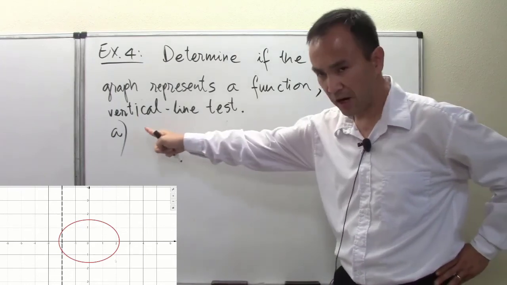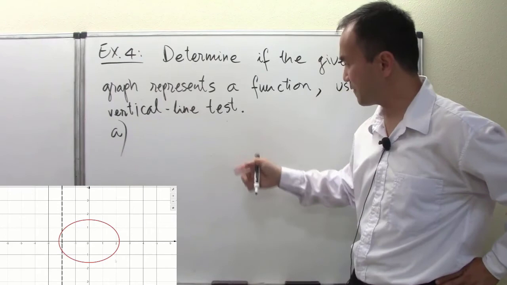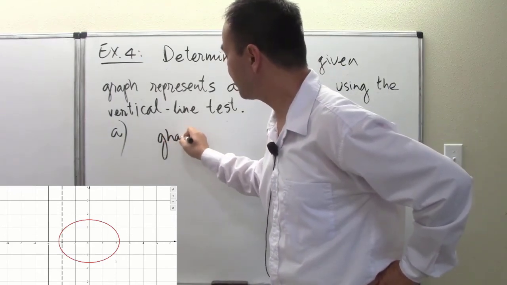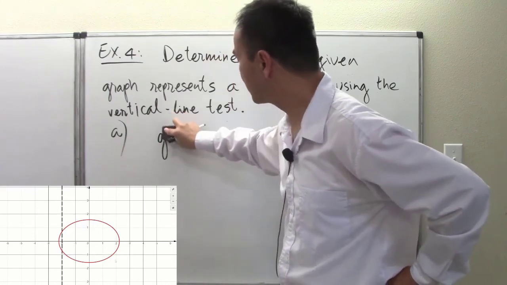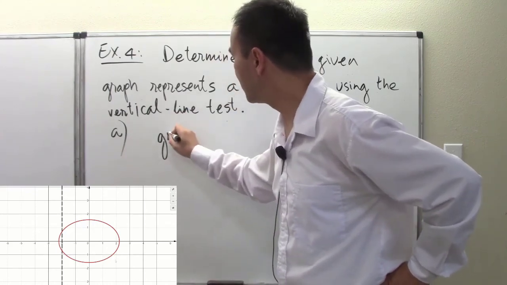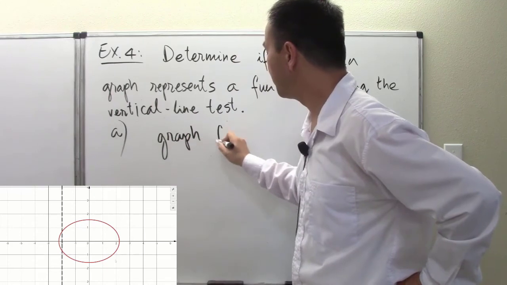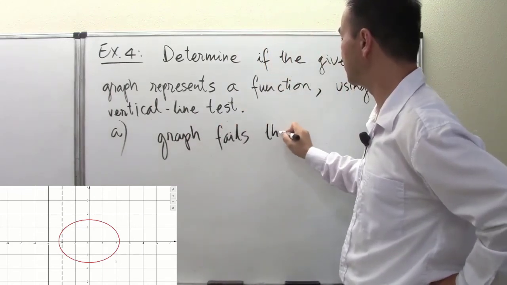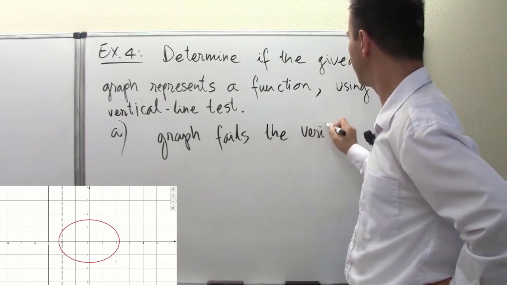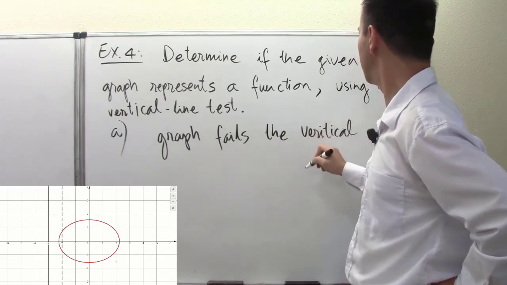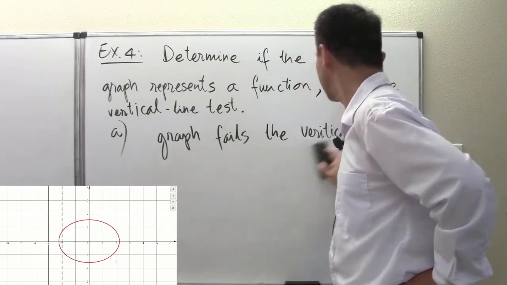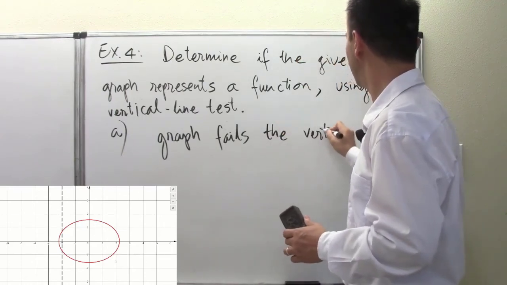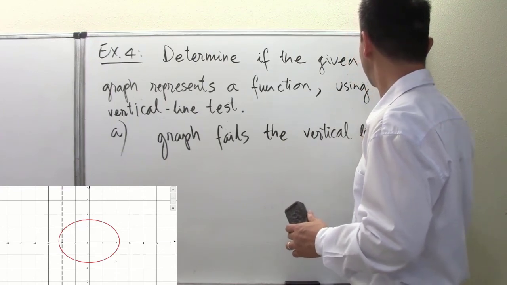So right now with part A, the graph is given, and so I can say the graph fails the vertical line test.